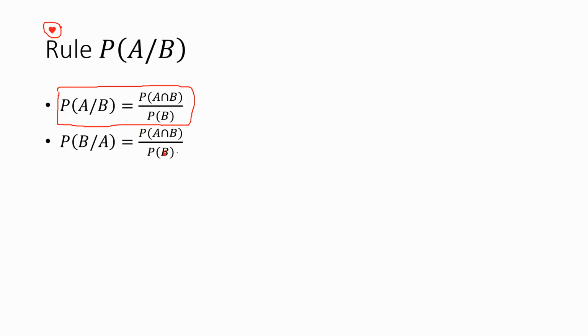It should be probability of A, this one. Probability of B given A is probability of A intersection B over probability of A.